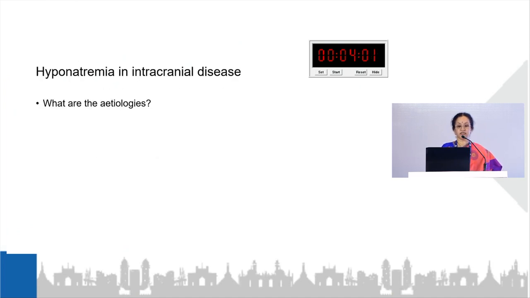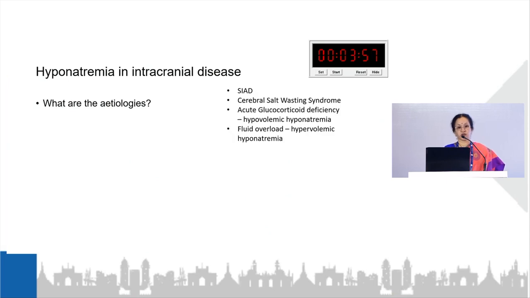Now, intracranial disease and hyponatremia, what are the etiologies? There are 4 important causes. Not everything is CIAD. So it can be a syndrome of inappropriate antidiuresis. It can be cerebral salt wasting syndrome. It can be acute glucocorticoid deficiency. An injury to the hypothalamo-pituitary axis can produce a hypovolemic hyponatremia because of acute glucocorticoid deficiency.